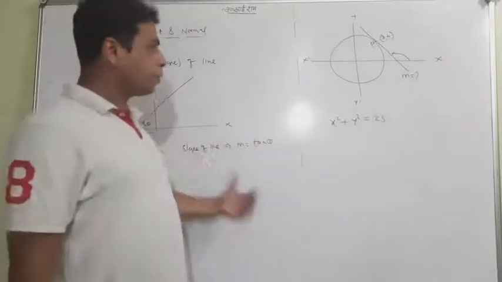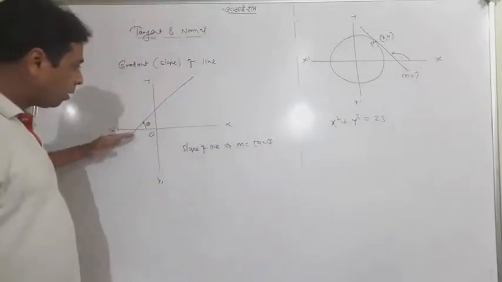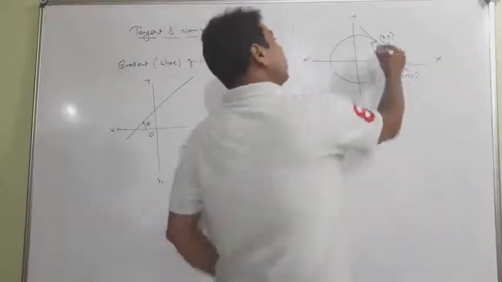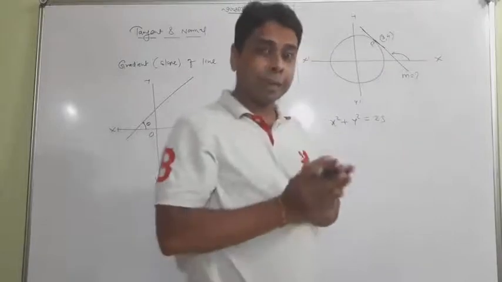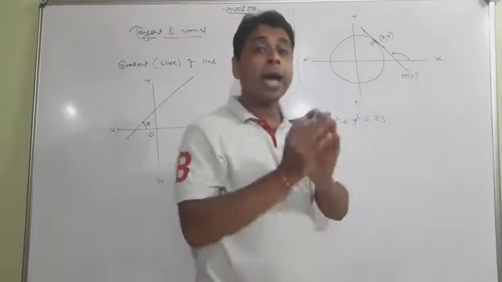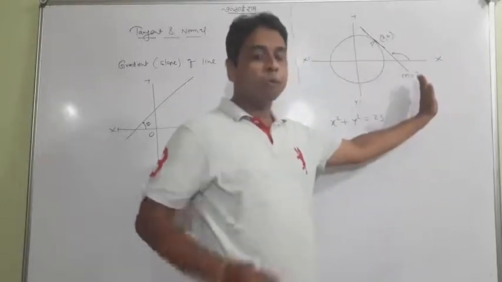So what is the difference between these two questions? This time you are concerned about the line. We don't want to make a figure because the figure is secondary. This is the tangent, which is itself a line, and I am trying to find the slope of this tangent, meaning the slope of this line.